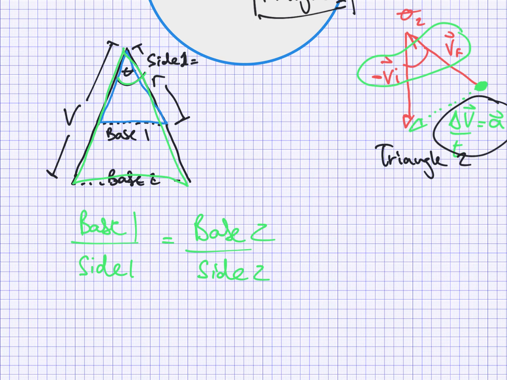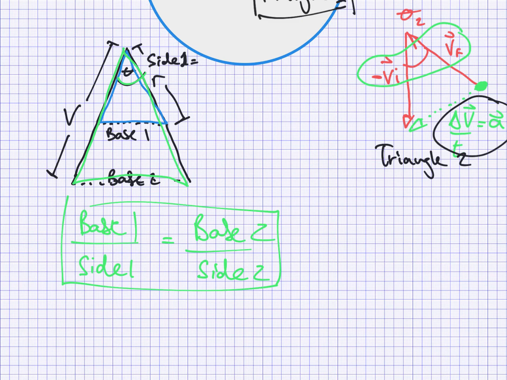It's a nice little ratio that just works. Feel free to go and check those numbers if you want to. It's easy to prove. But now that we've done that, we can now replace the base and the sides with the base and the sides from our 2 original triangles. So let's go ahead and do that.